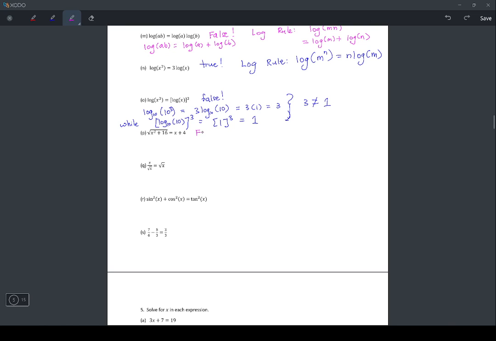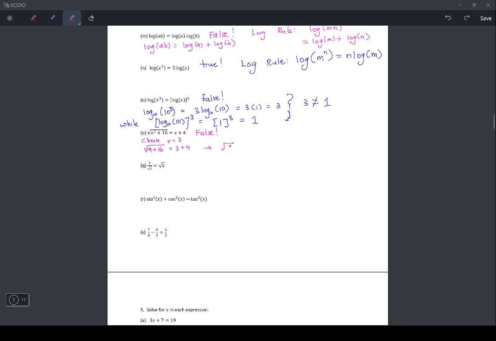This is false. We could try, for example, x is equal to 3. Now if you check it at 0, you're going to find it works, but that's the only value it'll work for. So I'm going to check x equals 3. So square root of 9 plus 16 is equal to 3 plus 4.